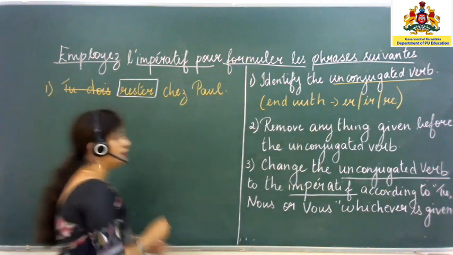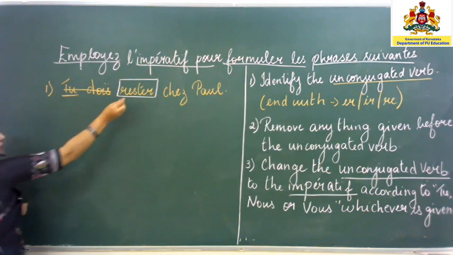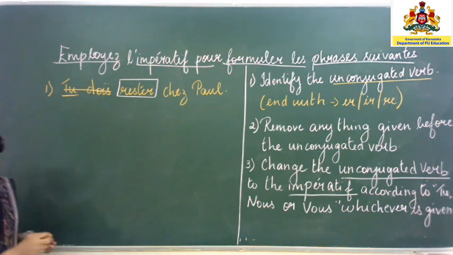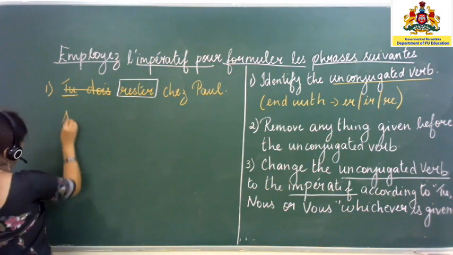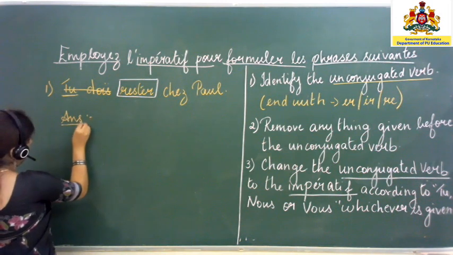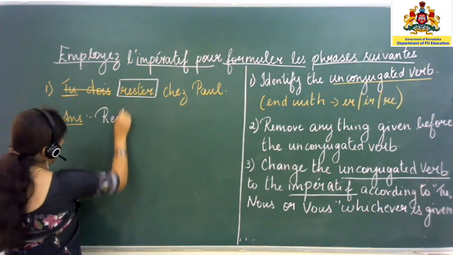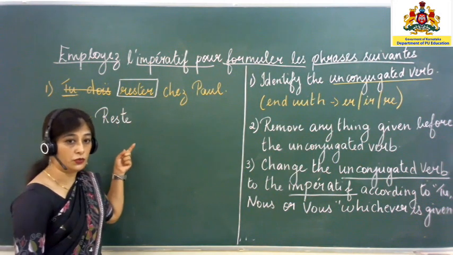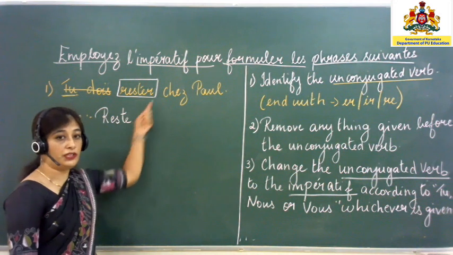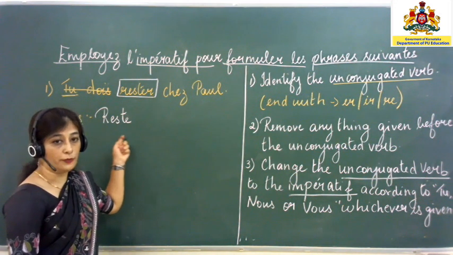So reste is my verb. The sentence with tu is given. So I have to change rester to the imperative according to the tu form. So your answer is going to be R-E-S-T-E. If you remember, when I taught you imperative, I told you that for the tu form of ER verbs, you should remove the S. So the S gets dropped automatically.